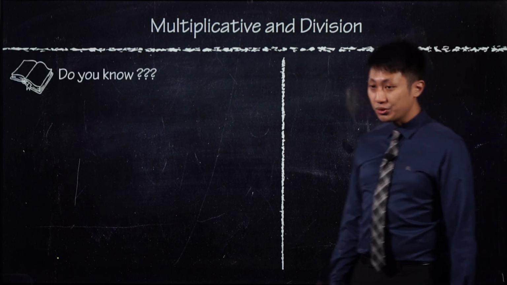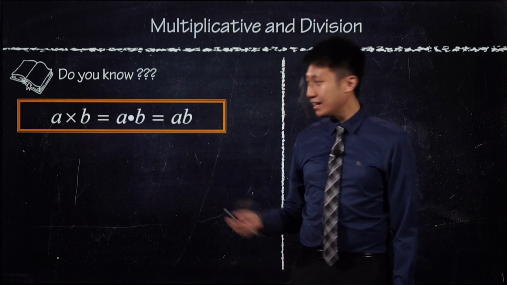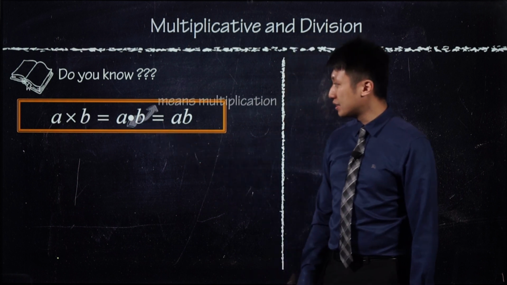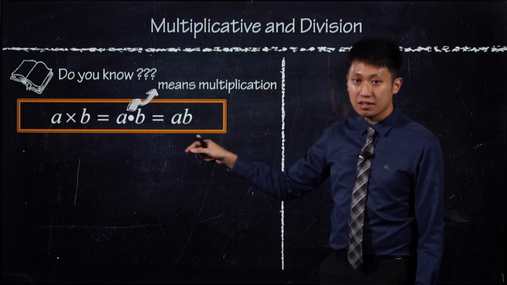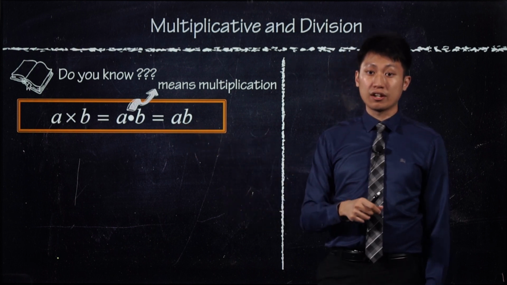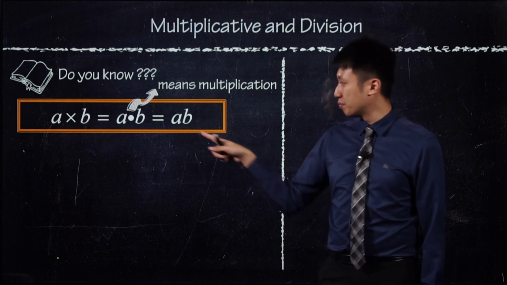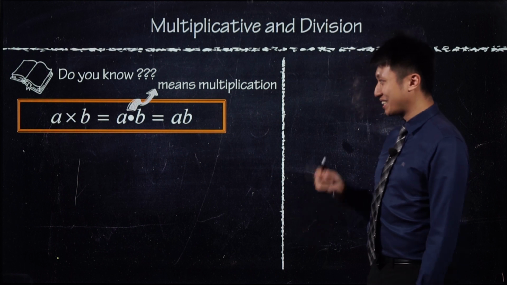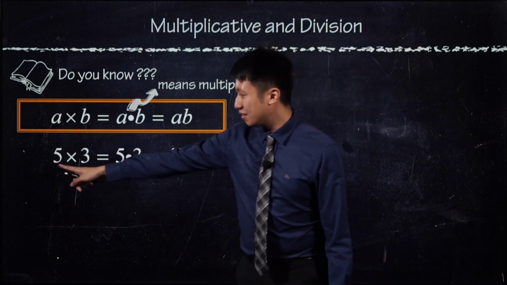Do you know that A times B can also be written as A dot B? The dot here means multiplication, and you can write AB without writing anything if it's a variable. This one means multiplication. I hope it's not too easy for you, although it could be very easy. So I'm writing 5 times 3.